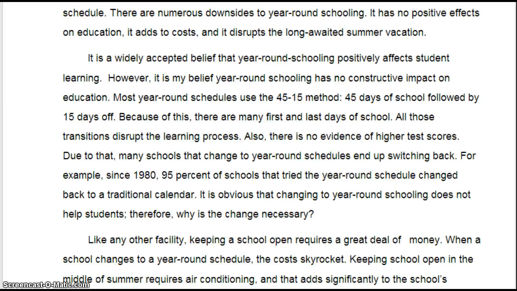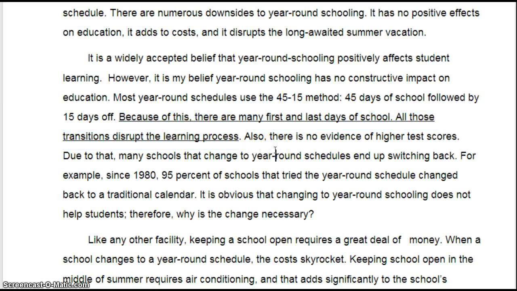So first of all, the first reason in this paragraph is that there are many first and last days of school, and these many transitions interrupt the learning process, and you were to underline that reason. Along with that, there was some evidence that you needed to know.